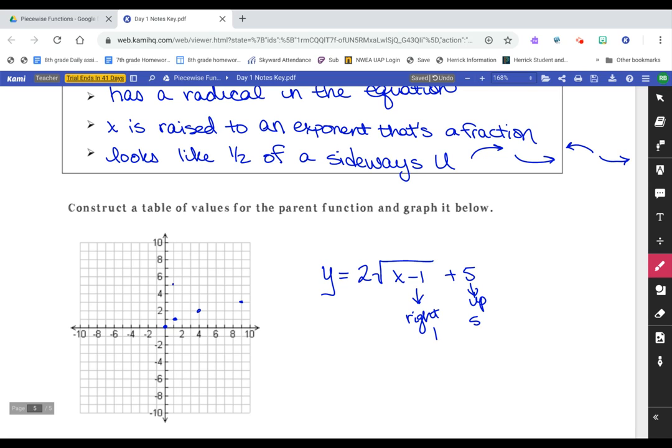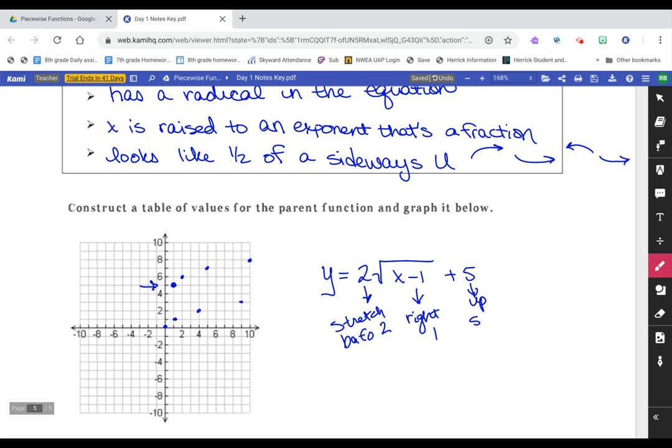So if I go right 1 and up 5, then we would start here and it would go over 1, up 1, over from this point right here, over 4, up 2, and then over 9, up 3. Okay, but that's not actually correct because we need to vertically stretch by a factor of 2.